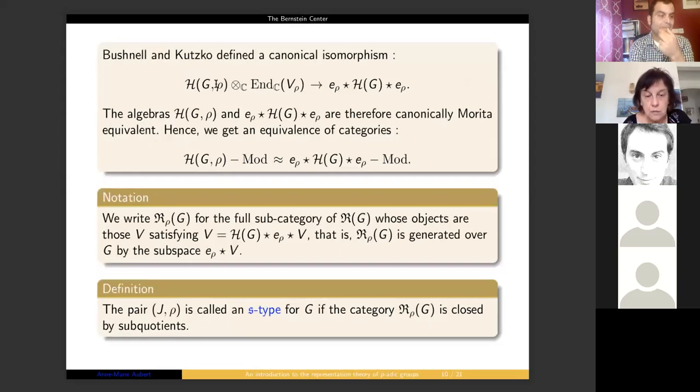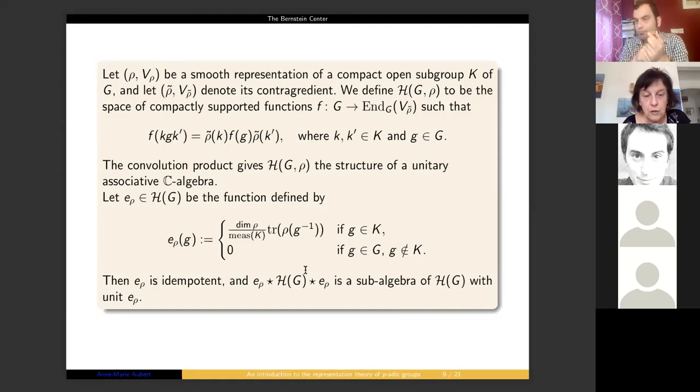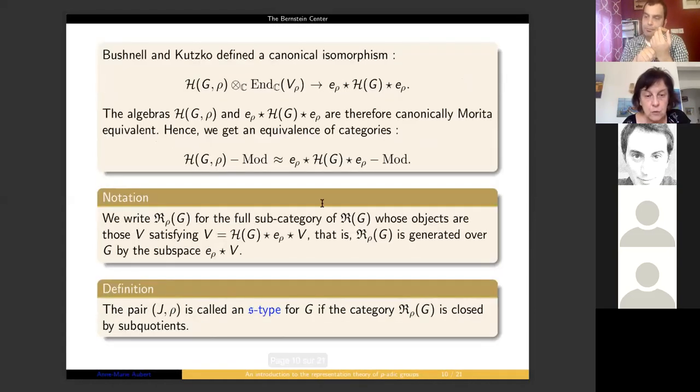So you have two algebras: the corner algebra, and the algebra attached to K and rho. The relation between these two, which was studied by Bushnell and Kutzko, is the following.